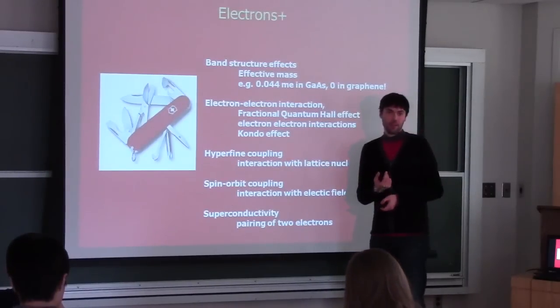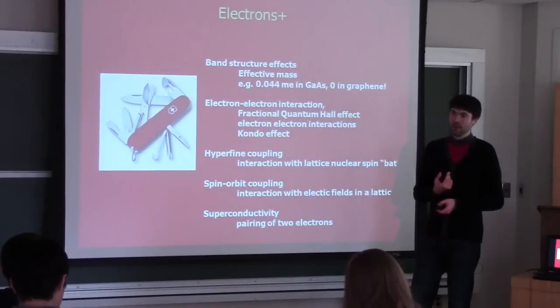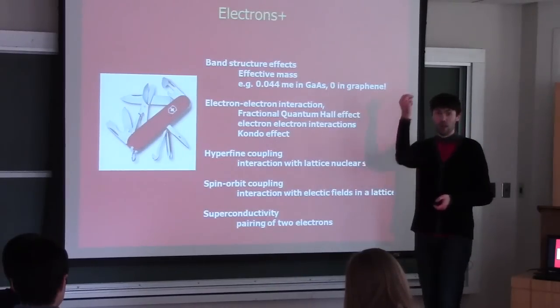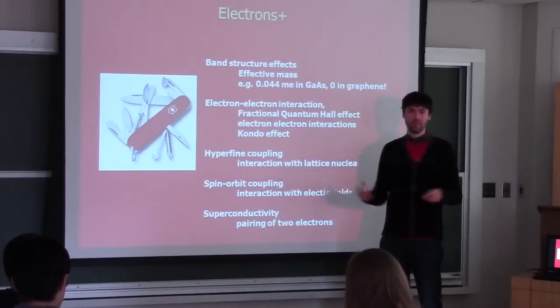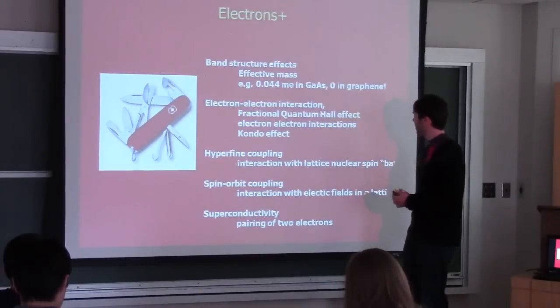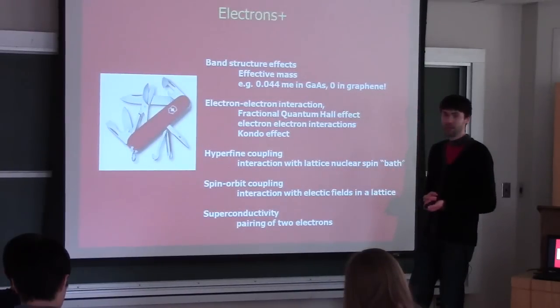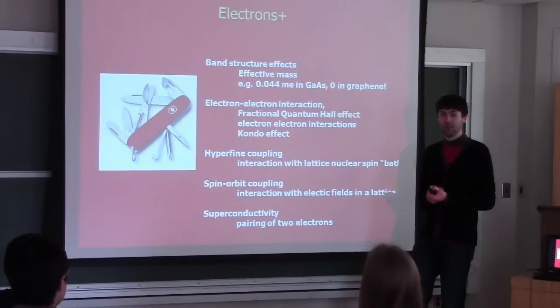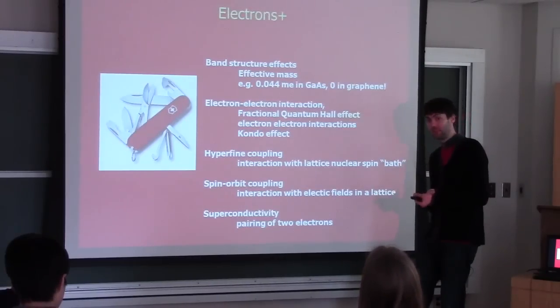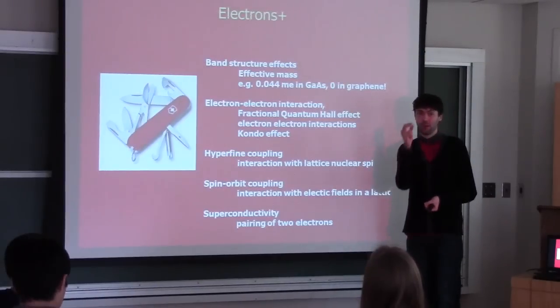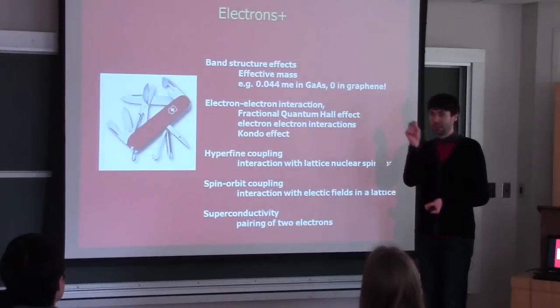Hyperfine coupling. This relates to a very important area in condensed matter physics, which is the interaction of one particle with many, an interaction with a bath of degrees of freedom. In this case, it's a spin bath of nuclear spins. Hyperfine interaction in condensed matter is a little bit different from atomic physics, where an electron in an atom interacts with the nuclear spin of that atom.